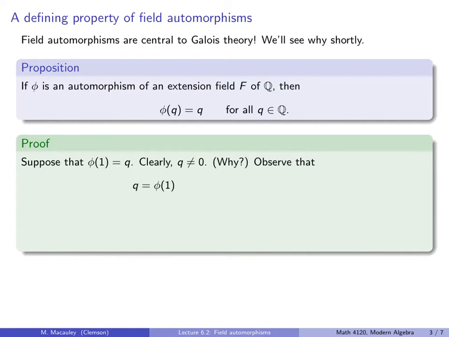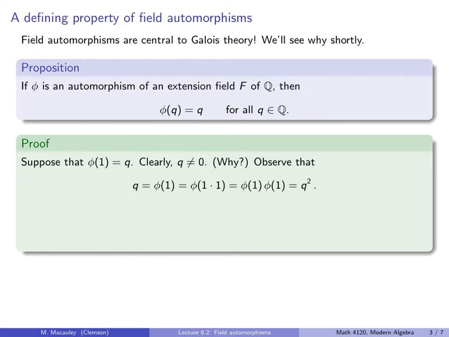Observe that q, which is defined to be phi of 1, is phi of 1 times 1, clearly. And then by the property of a multiplicative homomorphism is equal to phi of 1 times phi of 1, which is equal to q squared. So what rational numbers q are equal to their square?